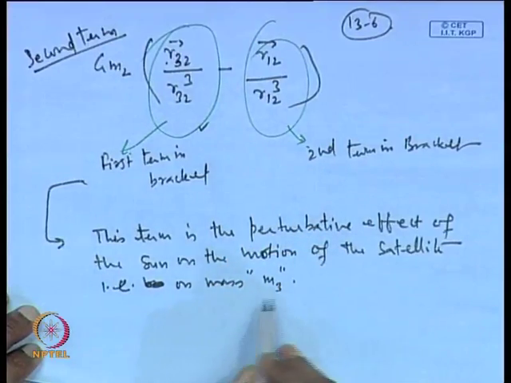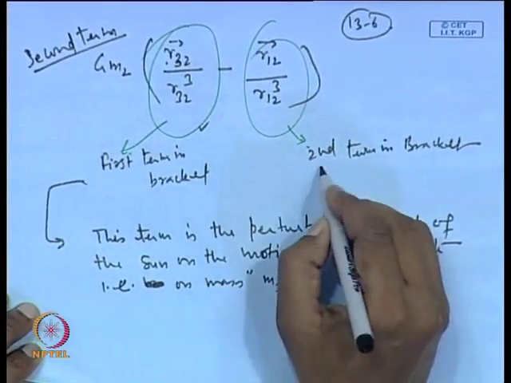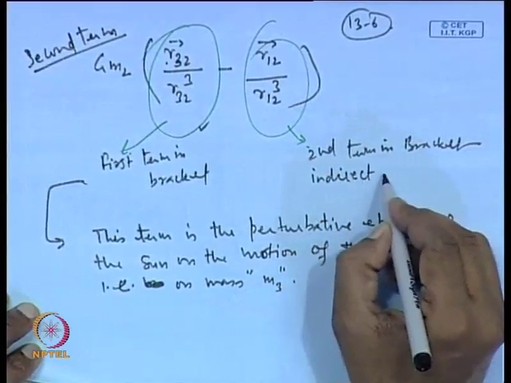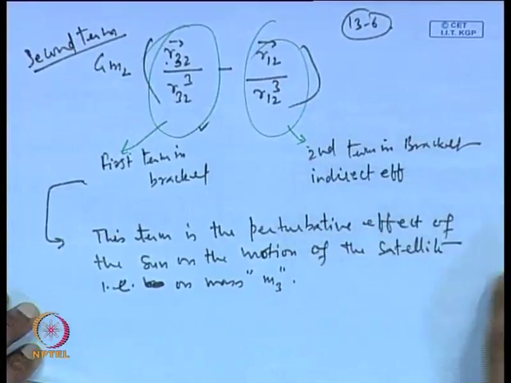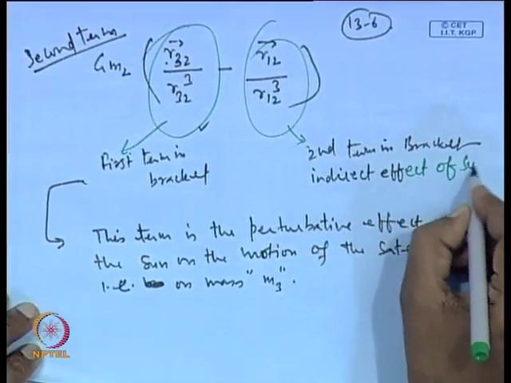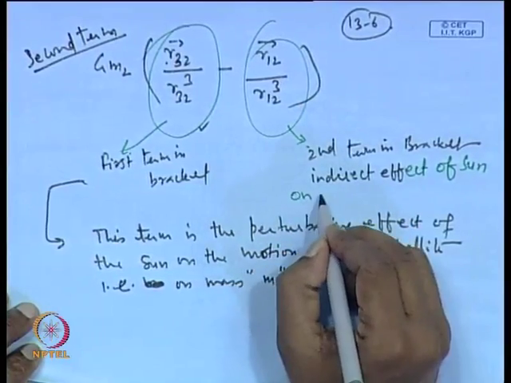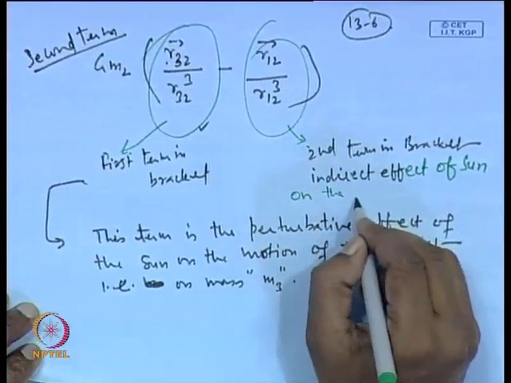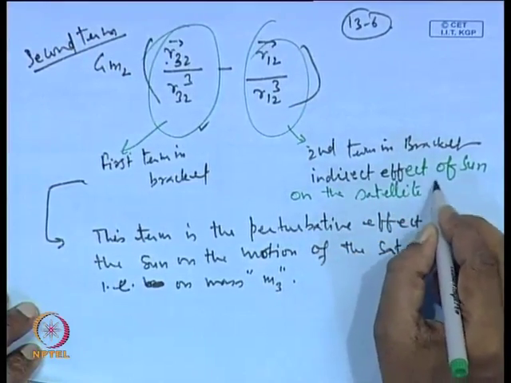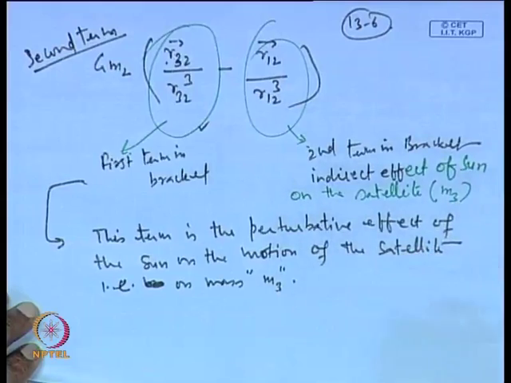So, this is called the indirect effect of sun, the effect of sun on the satellite, which is here the mass m3. Okay.